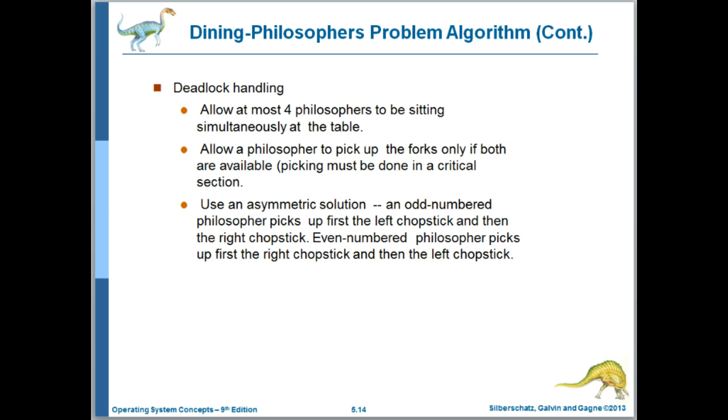The second one uses a critical section to allow a philosopher to see if both chopsticks are available, and the asymmetric solution, which is fairly elegant mathematically, you assign a numbering to the chopsticks 0 through 4, and you require that the philosophers acquire the chopsticks in increasing numeric order.